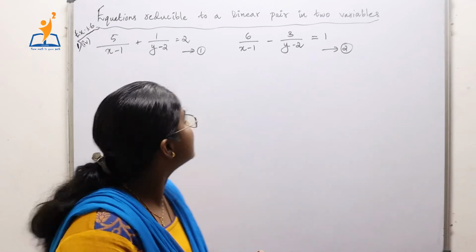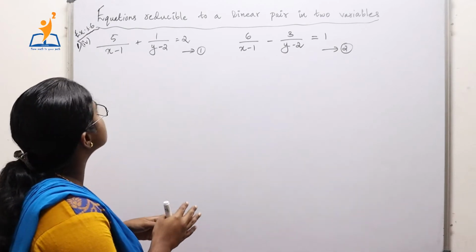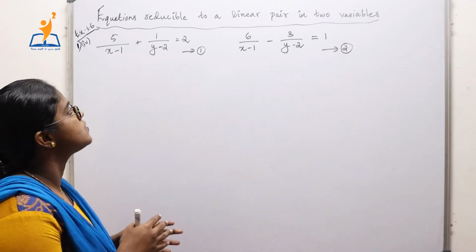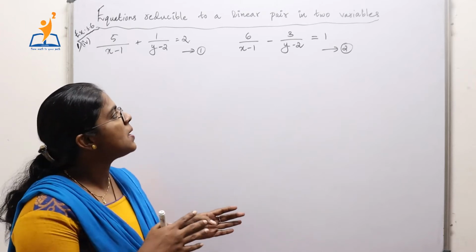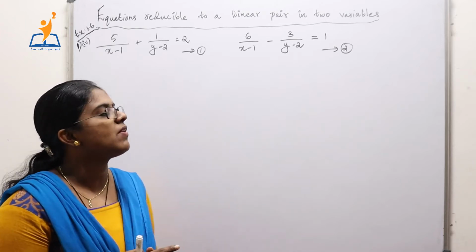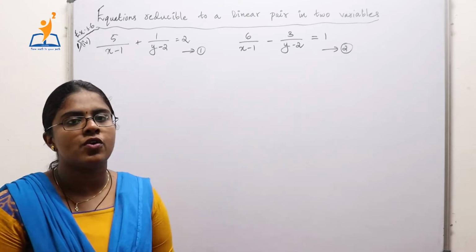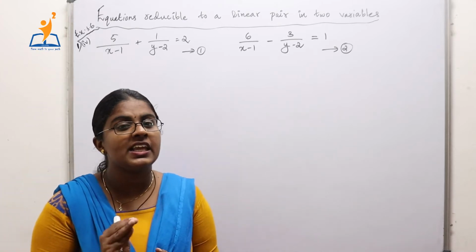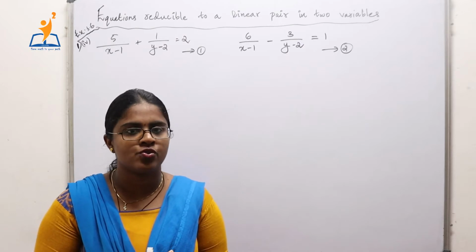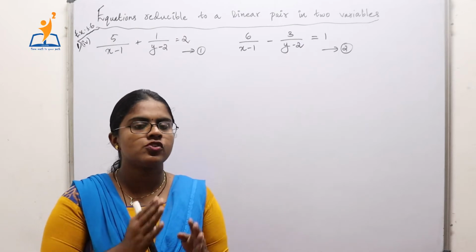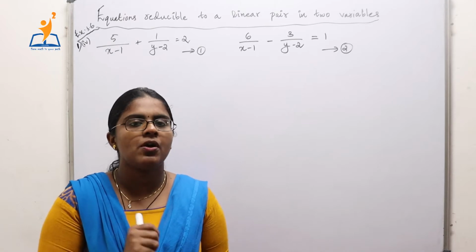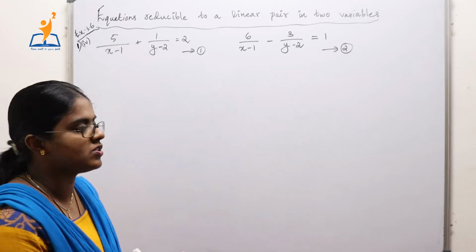The next question is 5 by x minus 1 plus 1 by y minus 2 is equal to 2 and 6 by x minus 1 minus 3 by y minus 2 equals 1. So here also we don't have a linear pair of equations in two variables. So in order to make them linear, I want to give some suitable substitutions.